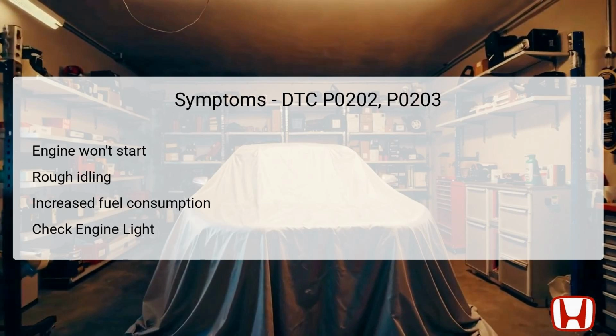Drivers may also notice increased fuel consumption, as the engine may compensate for lack of power. Additionally, the check engine light, CEL, will illuminate on the dashboard, alerting the driver to potential issues within the engine management system. These symptoms should drive immediate attention, as they may indicate serious underlying issues affecting vehicle performance.